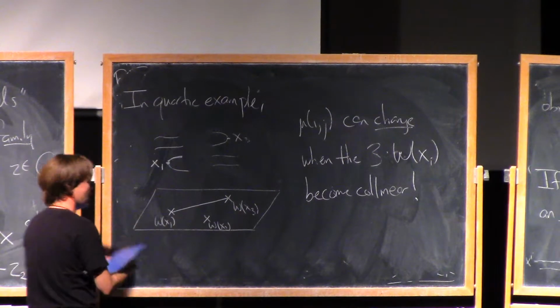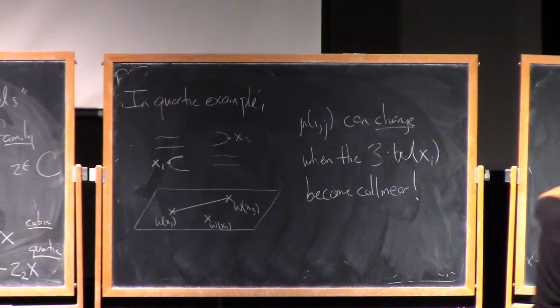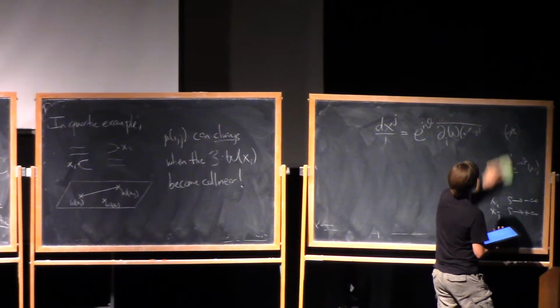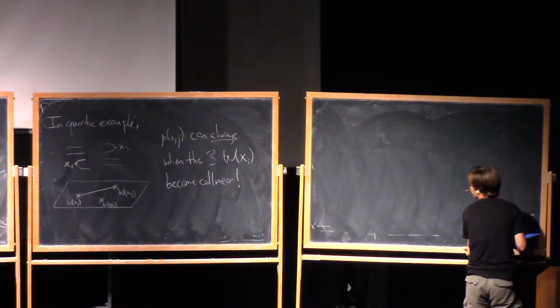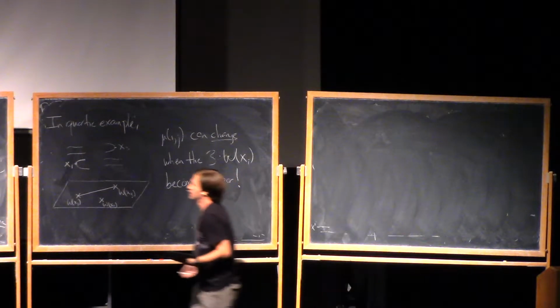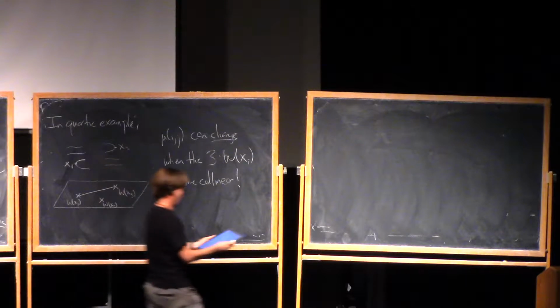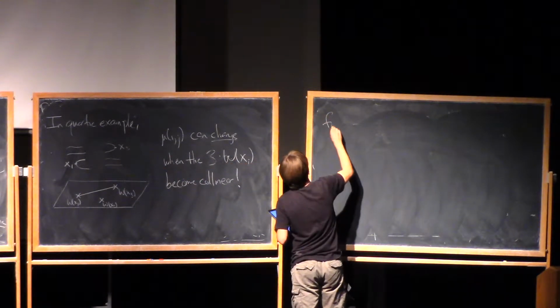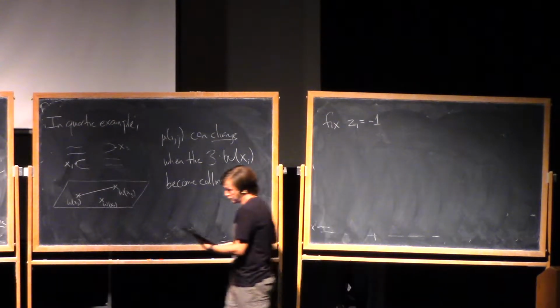And so let me draw the picture of what happens here. Well, okay. So now I'm going to draw a picture in the parameter space of these polynomials, but the parameter space is two-dimensional, so I'm going to have to take a slice through it in order to draw it. So let me fix the value of z1, say, and I'll fix it to be -1.